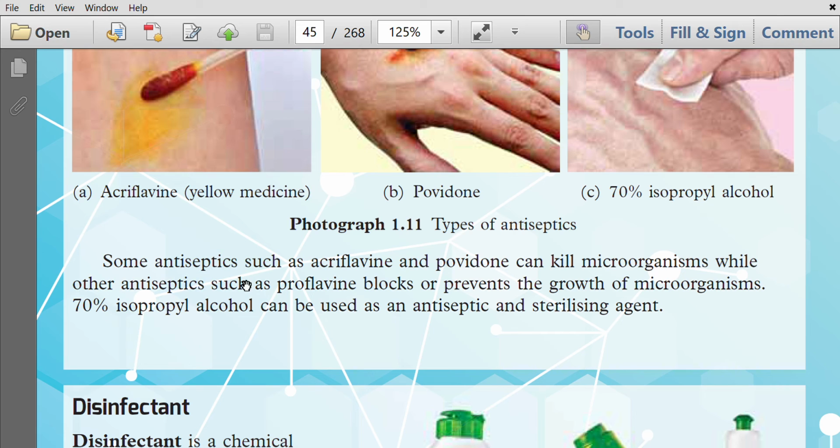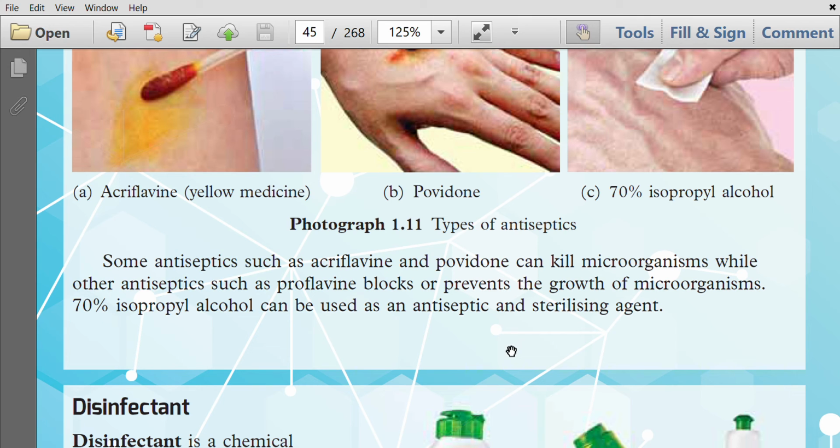Some antiseptics, such as acryflavin and providone, can kill microorganisms, while other antiseptics, such as proflavin, block or prevent the growth of microorganisms. 70% isopropyl alcohol can be used as an antiseptic and sterilizing agent.